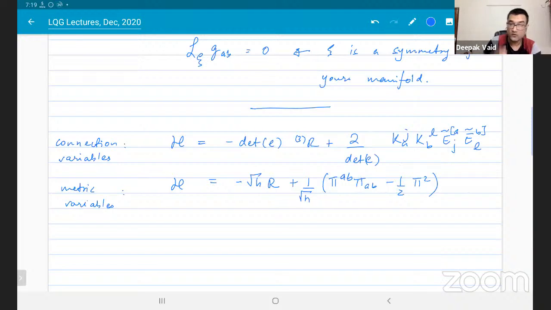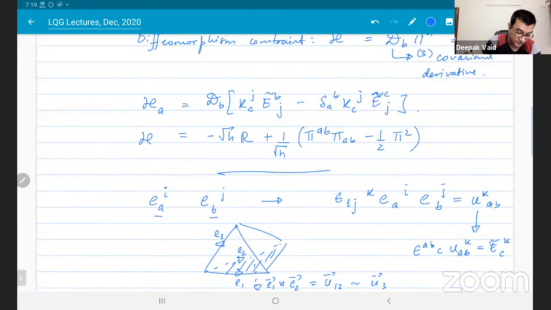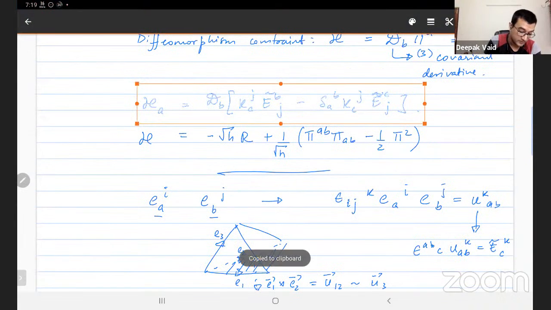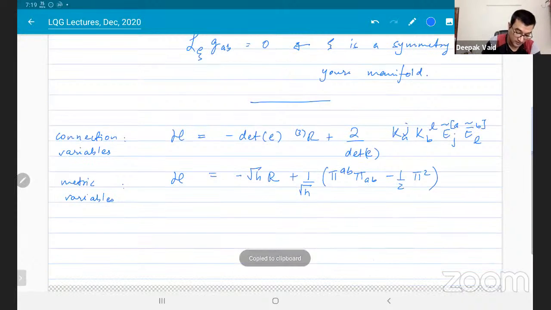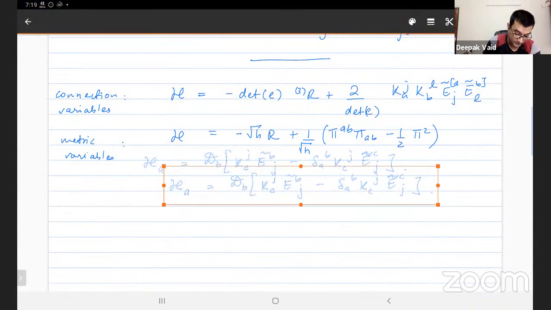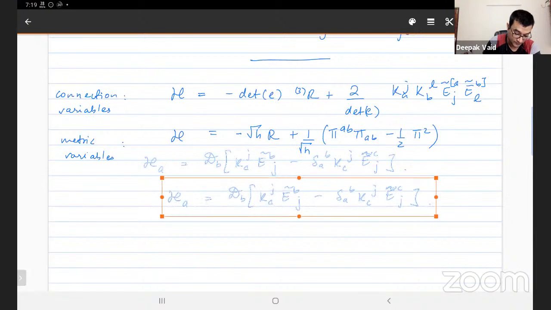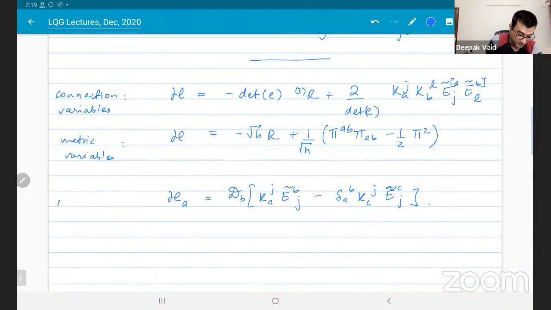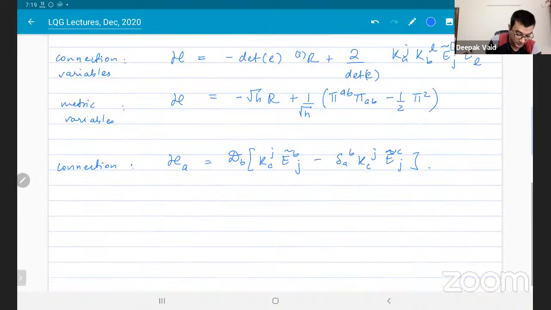Okay. So again, at this point, these expressions don't necessarily look all that transparent. This is in the connection variables, and then the metric variables.